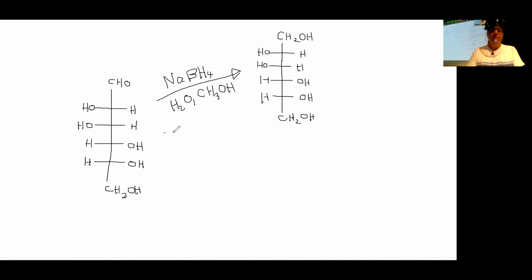Also, just a reminder, the same thing will be true if we used lithium aluminum hydride. Only then we need to use two steps. The first step will have the LAH in an aprotic solvent, diethyl ether. Phenol? No, usually it's methanol or ethanol here.